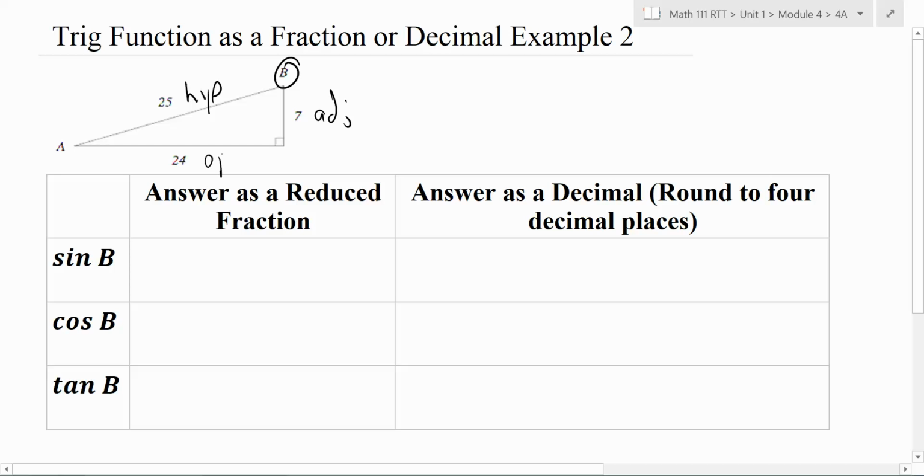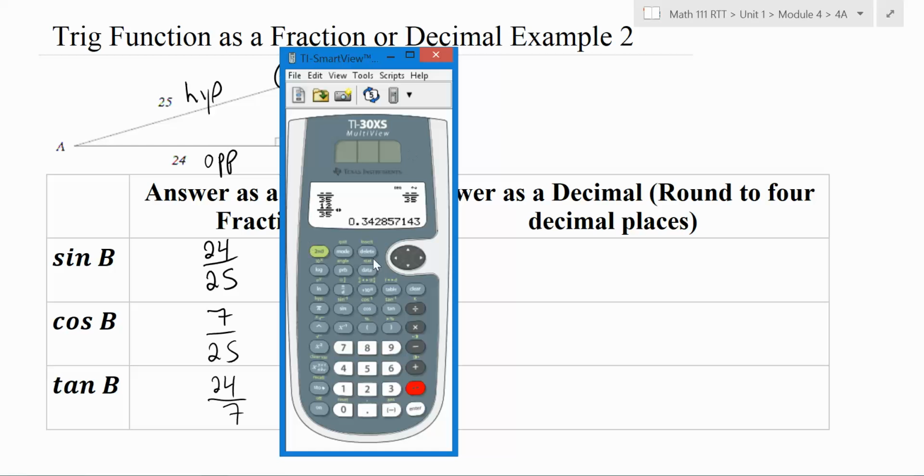The opposite's the one that's not touching the angle. So this time when we're talking about the sine, we're going to be looking at 24/25. For the cosine, the adjacent is 7, so this is 7/25. And for the tangent, we're going to get 24 as the opposite and 7 as the adjacent.